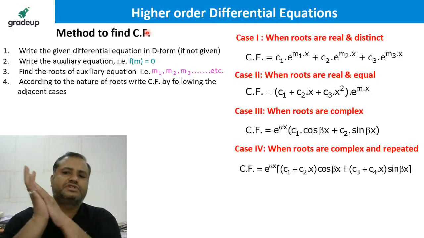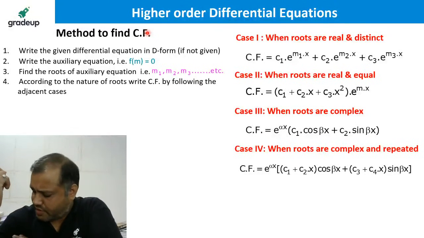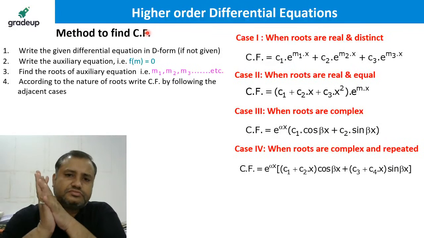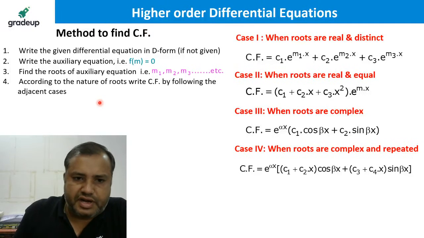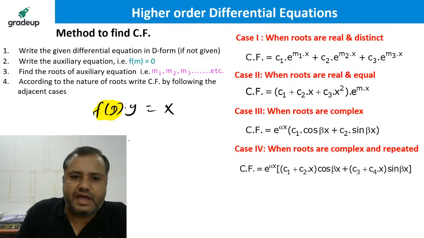There are some 3-4 steps for finding CF. First you have to write the given differential equation in D form, that is called a symbolic form, in this format: f of D into y equal to capital X. After this, in this f of D, you have to replace D by m and equate it to 0.